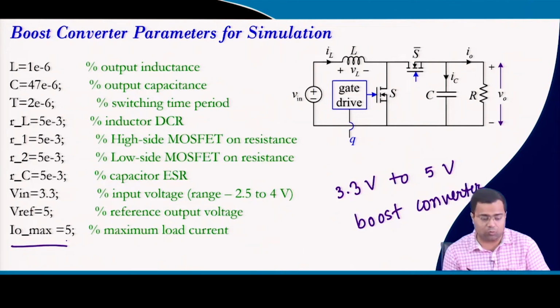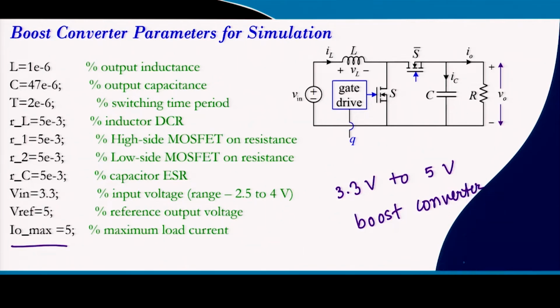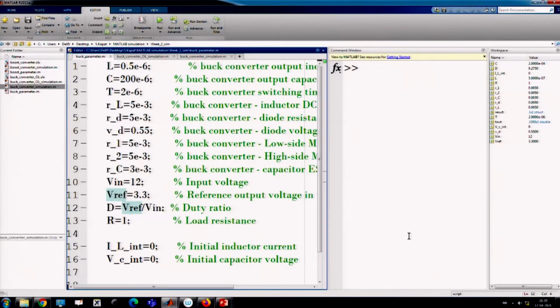First we will run the open loop simulation. Okay, so let us go to the open loop simulation. In this simulation we have considered the parameters which I have shown: inductor 0.5 microhenry, capacitor 200 microfarad, time period 2 microseconds, RL, that is the DCR of the inductor, then diode resistance, diode voltage drop, then MOSFET on resistance.